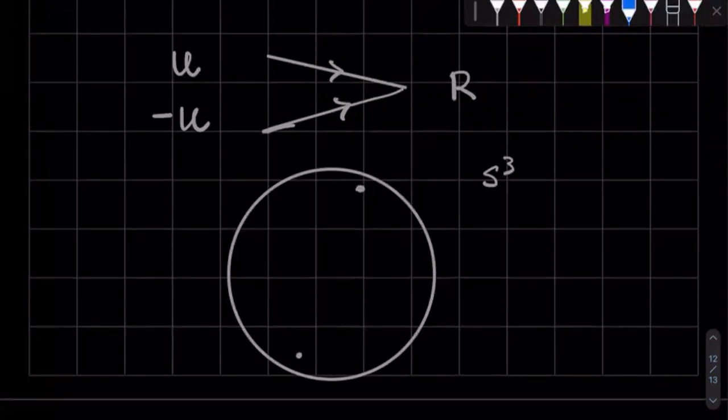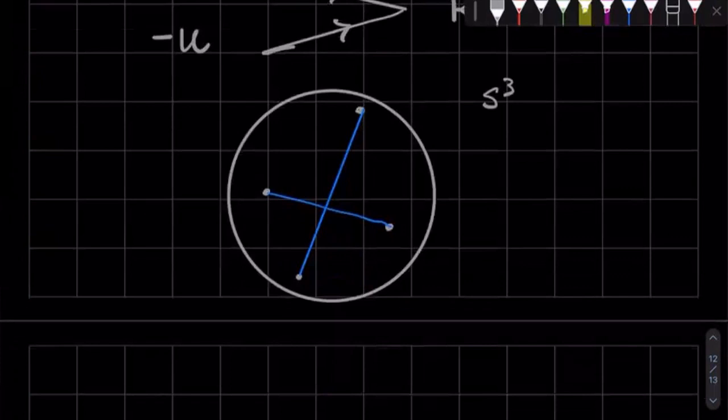So if we identify all antipodal points on S3, then we get SO3, right? So this is identification.